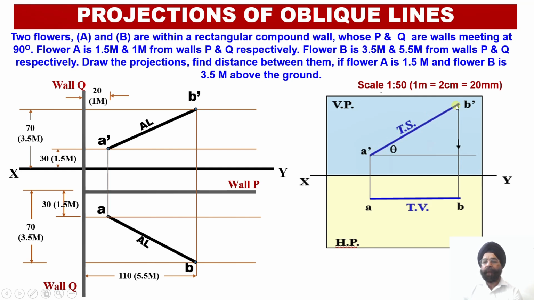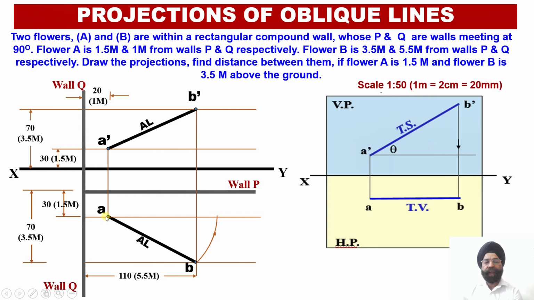But here we have got our apparent length AB, which happens to be inclined to the vertical plane. So what we need to do? We need to rotate this apparent length and make this apparent length projection parallel to the vertical plane.